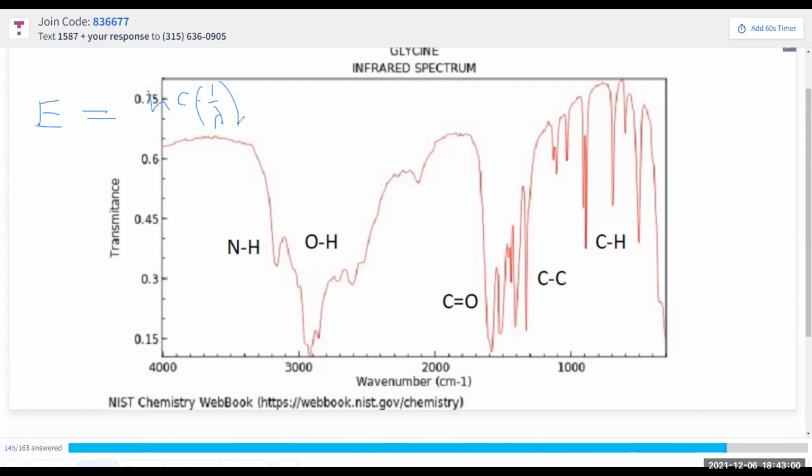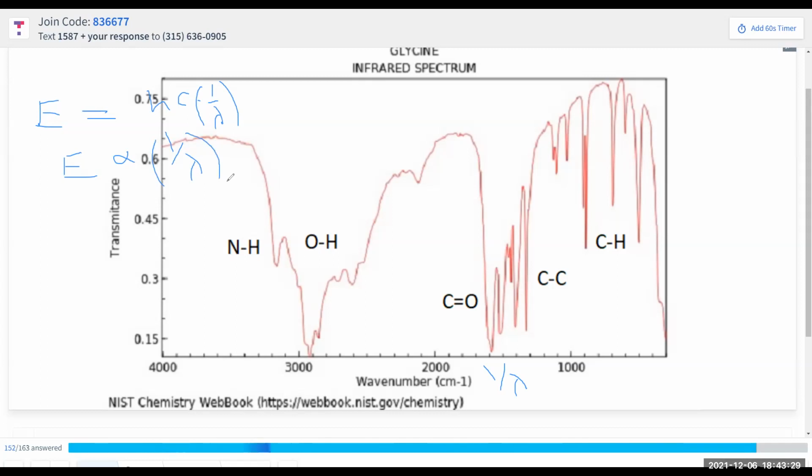Okay, instead of writing HC over lambda, I say HC multiplied by 1 over lambda. It's the same thing. Now 1 over lambda is the wave number. So what we have in the x-axis here is 1 over wavelength. And as we can see here, energy and 1 over lambda are directly proportional to each other.